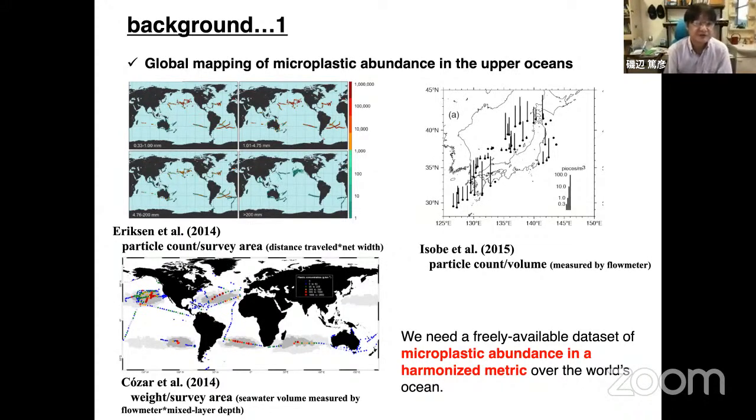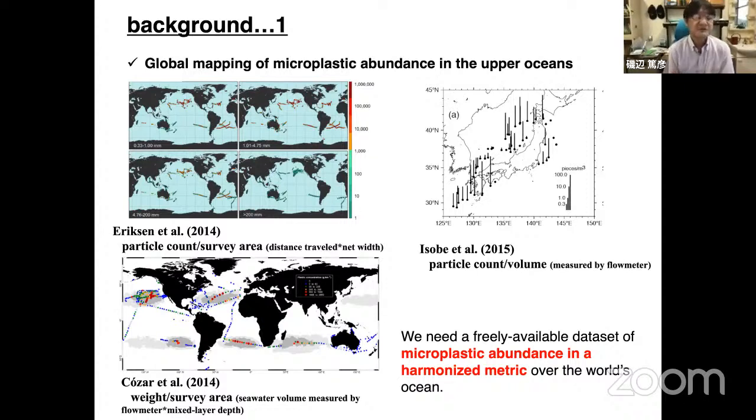Okay, before showing our result, I briefly explain the background of our research. The background of the global mapping is shown in this panel. Microplastic observation dates back to the 1970s over the world ocean, but probably the most famous observation has been published by Eriksen and Cózar in 2014.